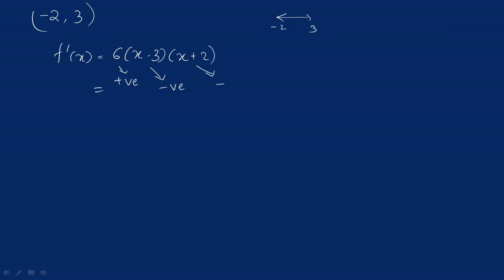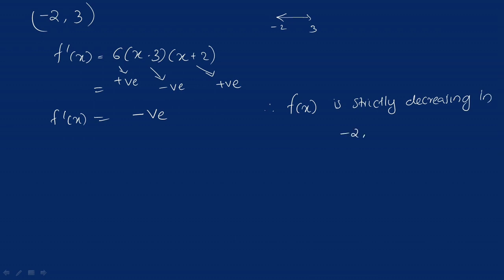Similarly, x + 2 gives a positive quantity. So positive into negative is negative, negative into positive, again negative. So f'(x) is negative. So we can write f(x) is strictly decreasing in the interval −2 to 3.